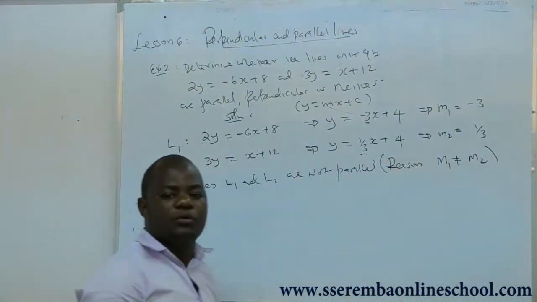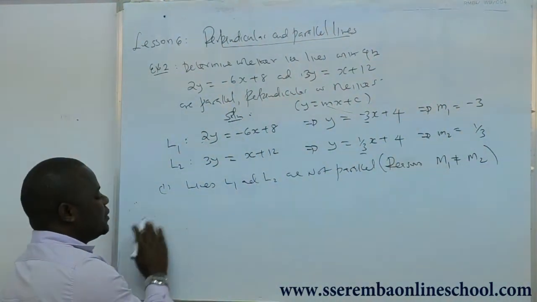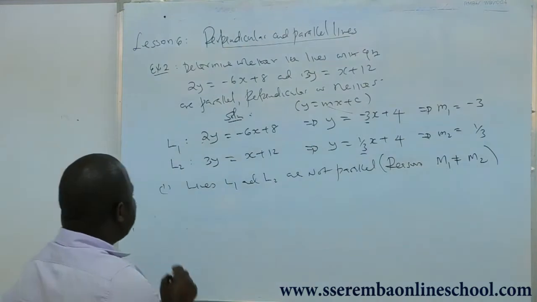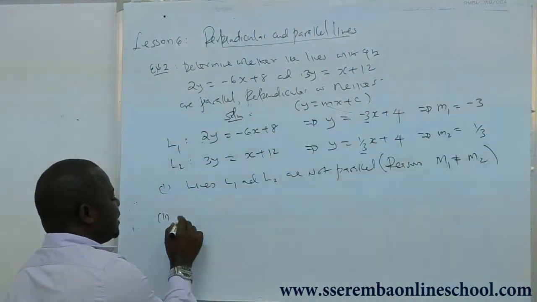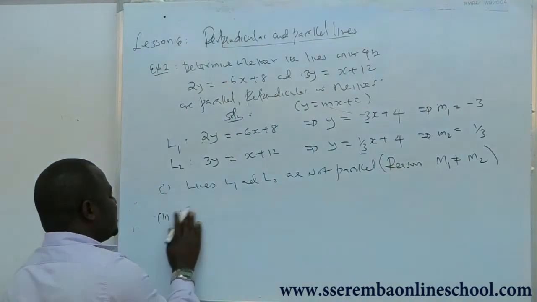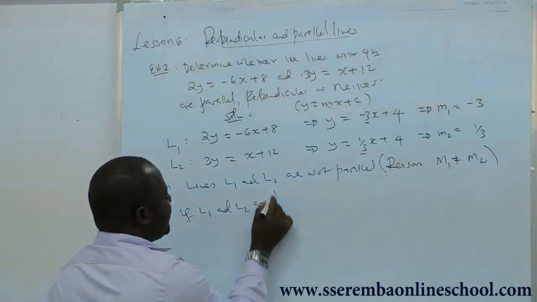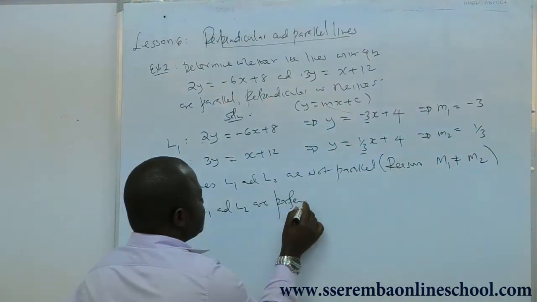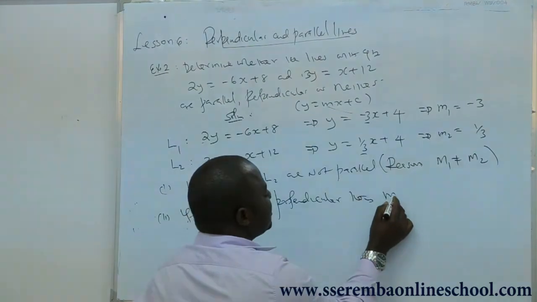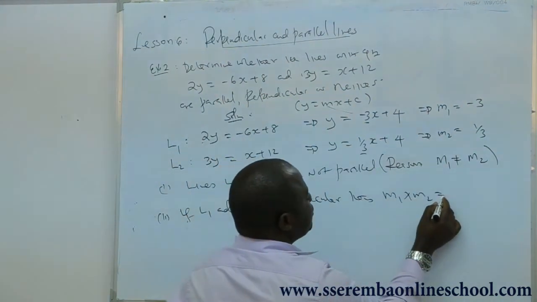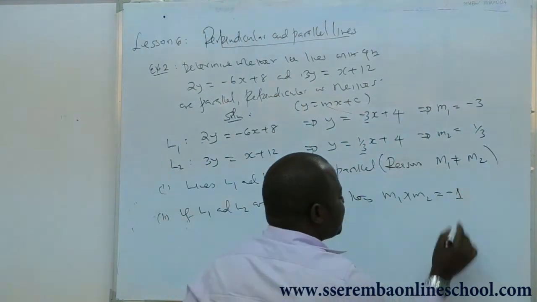Then part 2, we test whether they are perpendicular. If L1 and L2 are perpendicular, then multiplying m1 times m2 should give us -1. So let us try and see.